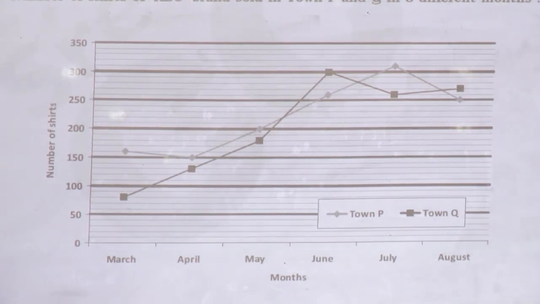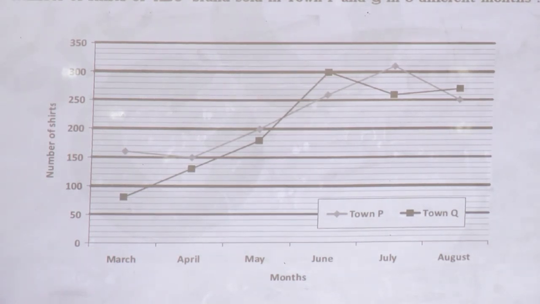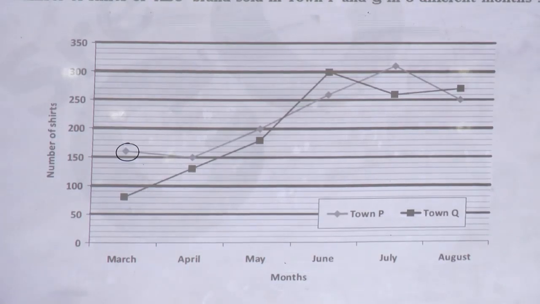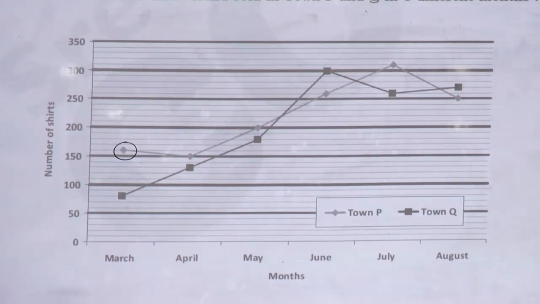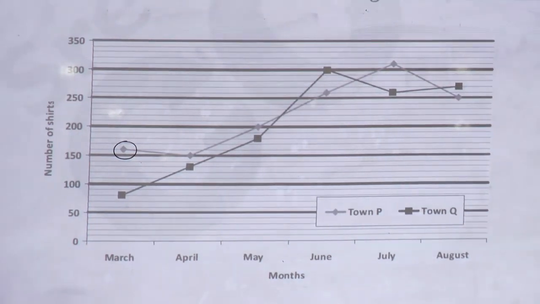The number of shirts sold in town P in September was 20% less than the number of shirts sold in the same town in March. This is for P. How much is this? 160. And it is 20% less than 160. What is the respective ratio between shirts sold in September and those sold in May?